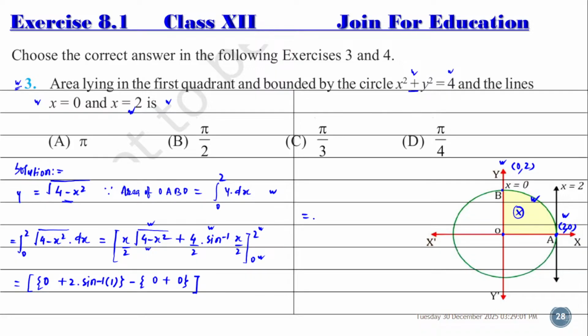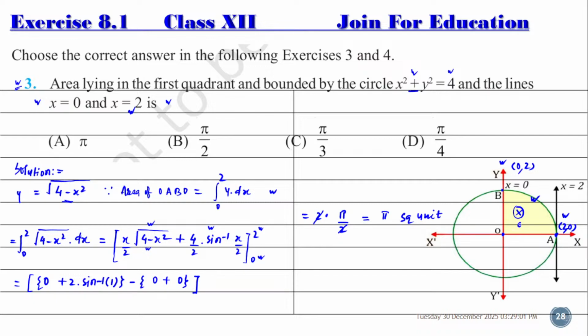So here will be 2 into sine inverse 1 equals pi by 2. So there is no problem to understand up to this step. We cancel out 2, then we get pi square unit.